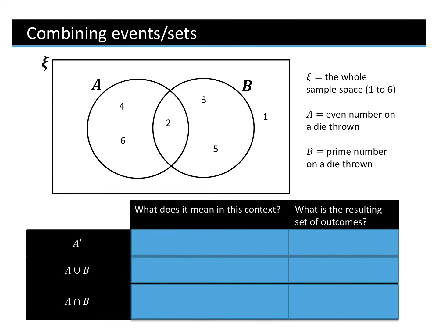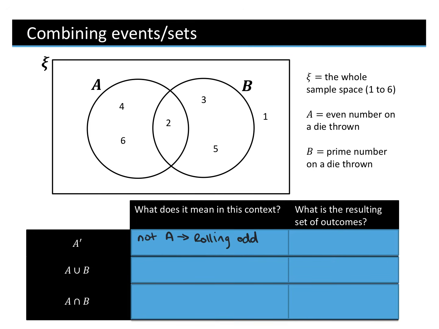Here we go. So combining sets and events, the context. What does this mean? Not A. Okay, so we know it means not A, but what's the context of the question then? What does that actually mean? What does not A mean? For the context of the question, because A is rolling even numbers, not A would be rolling odd numbers. Okay?